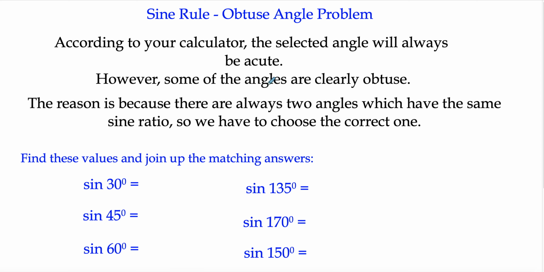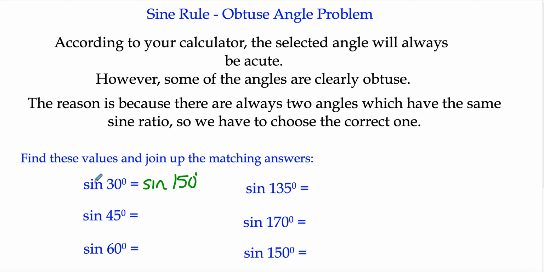In other words, if we know an angle, then we can work out a second one. Just to quickly have a look at this here, if I said the sine of 30 is equal to the sine of what? Well, what I'm saying is that it's the supplement of 30, which is 150.